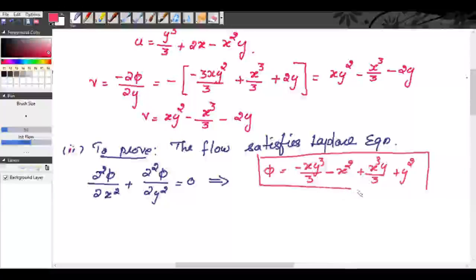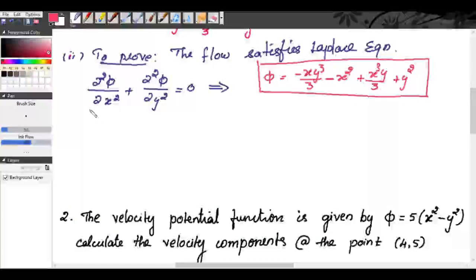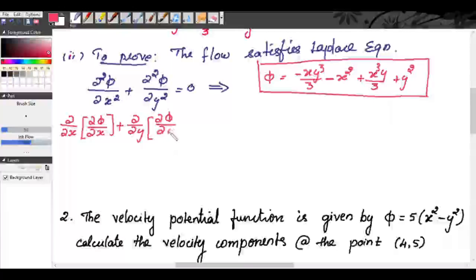Okay. Now, so this is nothing but ∂/∂x of ∂φ/∂x plus ∂/∂y of ∂φ/∂y.